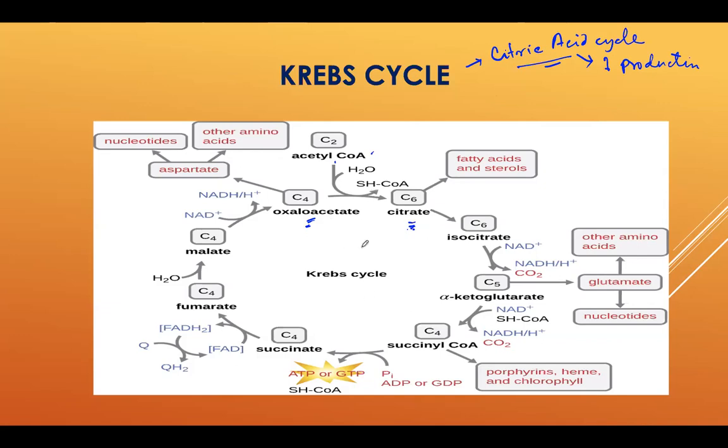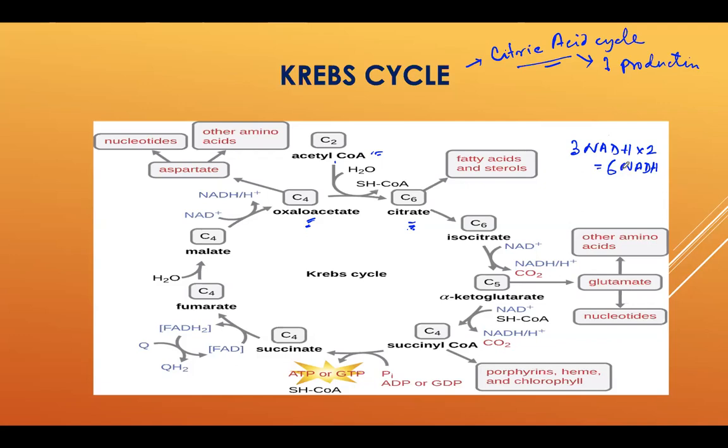So what happens? We get 1 NADH, 2 NADH, so 3 NADH from 1 acetyl CoA, but we had 2 acetyl CoA. So ultimate production is 6 NADH from Krebs cycle.